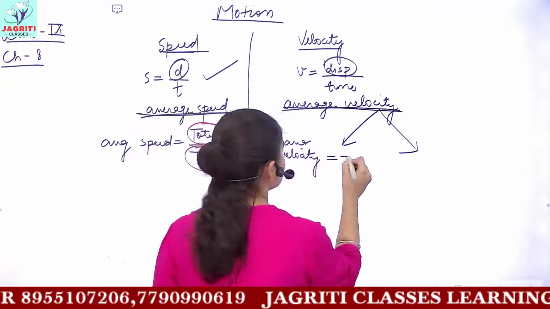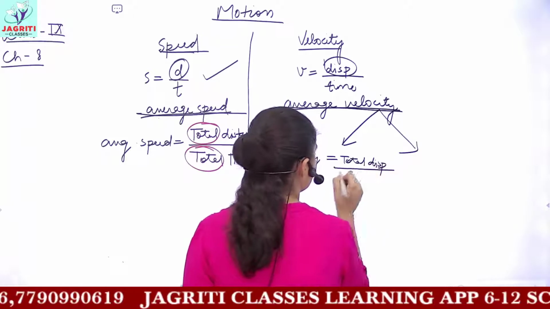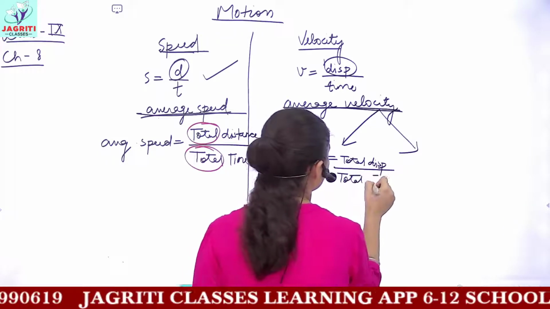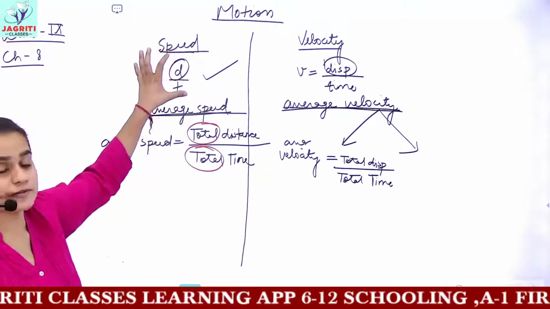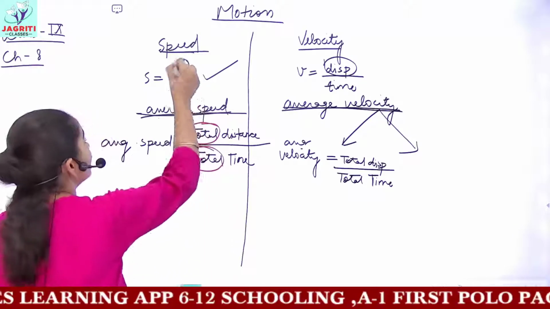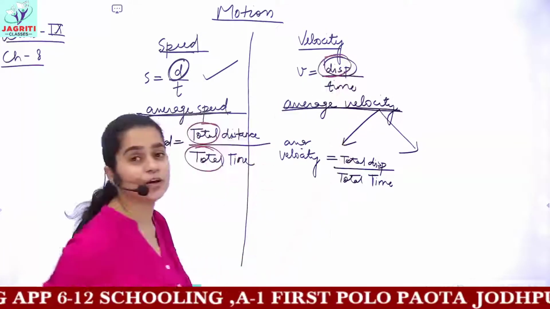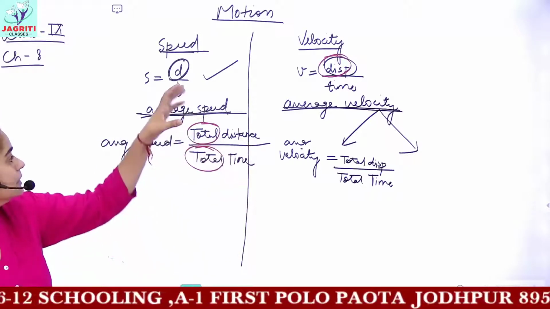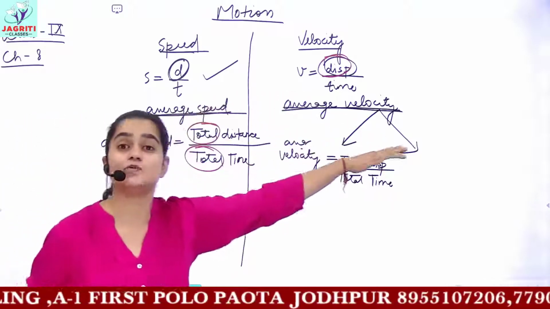Average velocity is again the total displacement divided by total time. The basic formula of speed and velocity is just the same, only difference here is, here the term distance is used, whereas for calculating velocity you require the displacement of the object. Similar is the difference in the formulas of average speed and average velocity.